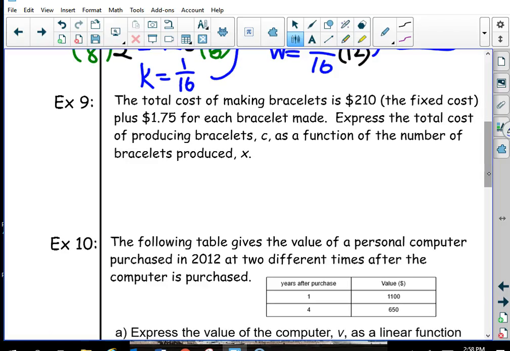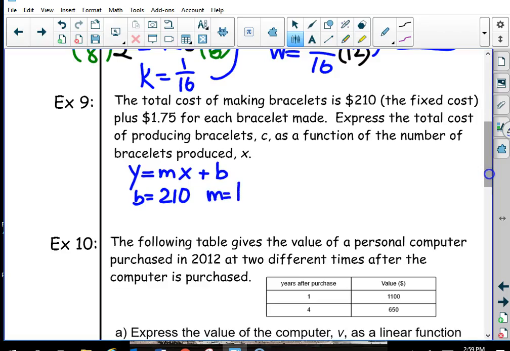So the nice thing is they give us the slope and the y-intercept. I don't have to do a whole lot of solving. I just fill in my numbers to our linear equation. 210, that's the fixed cost. That's our b. And how much is it per bracelet? It's $1.75.